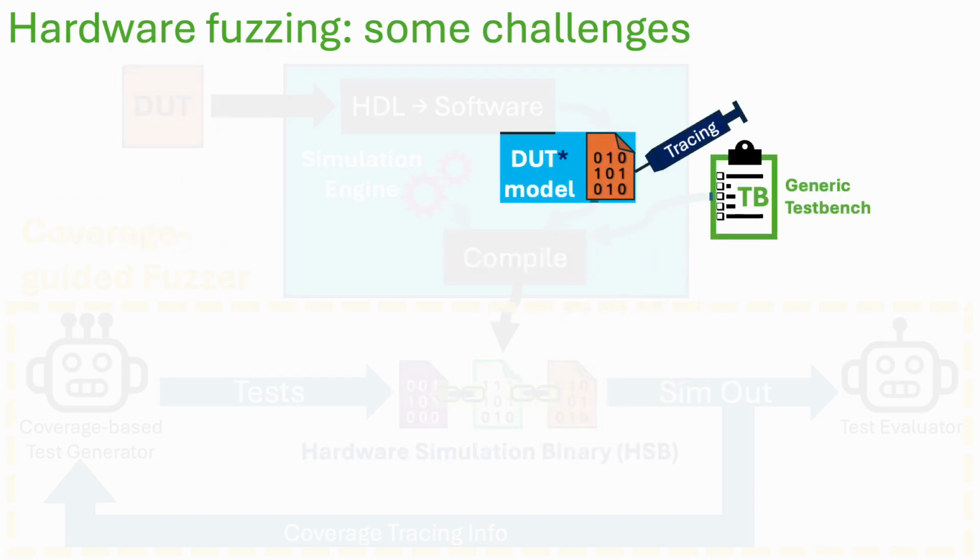Another key challenge is how are we actually going to make this generic test bench and have it interface with the software model of any design under test. And to do this, they did something very clever where they developed a very design agnostic testing solution that works at the standard bus interface.